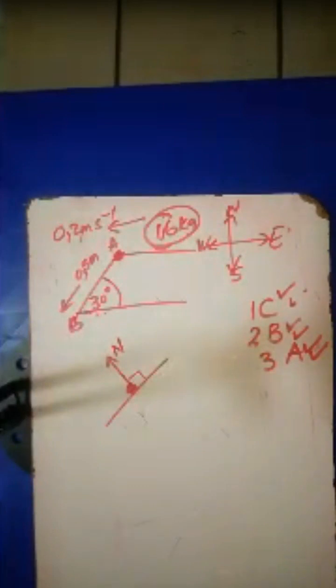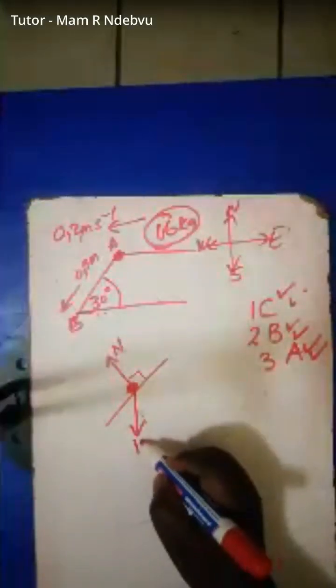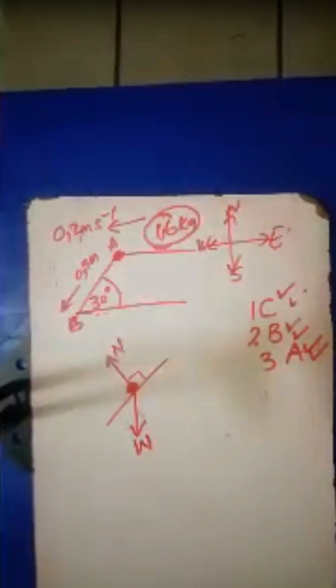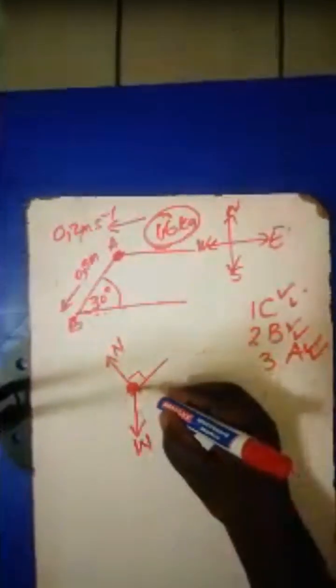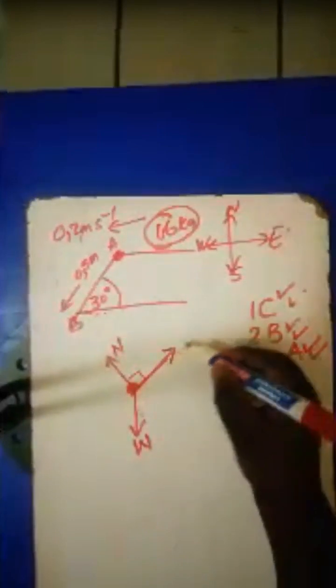Then most of you were showing the components, which was good. F_G parallel, some say F_G perpendicular. But if you don't want to show components, draw W straight down. Then there's a force opposing the motion, going this side.